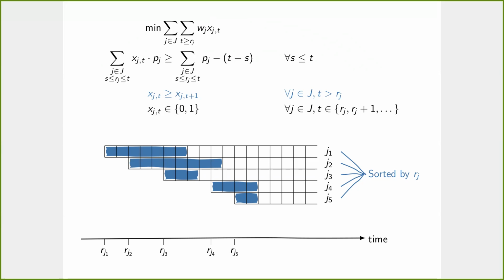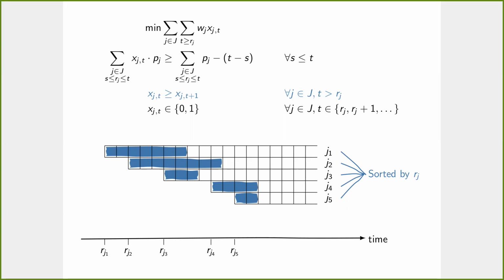Also, given these variables, it's very easy to write the objective function of minimizing the weighted flow time, because for every unit of time that the job is still alive, we pay a value of its weight.